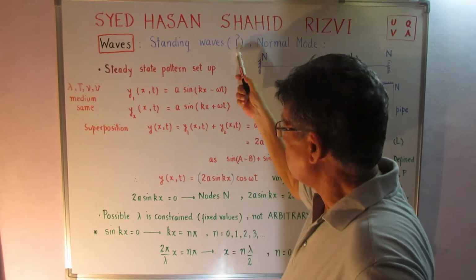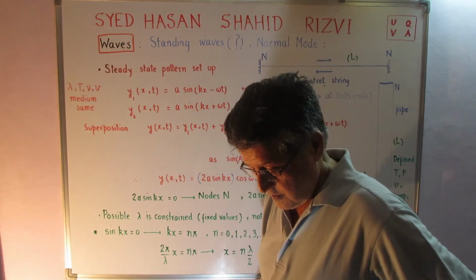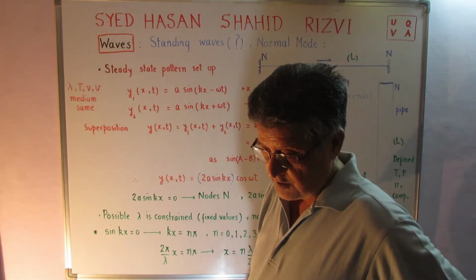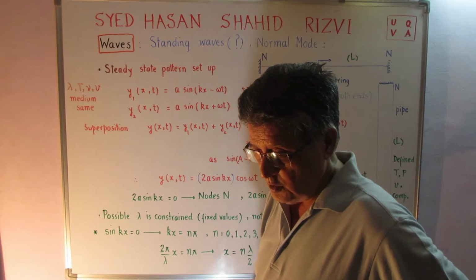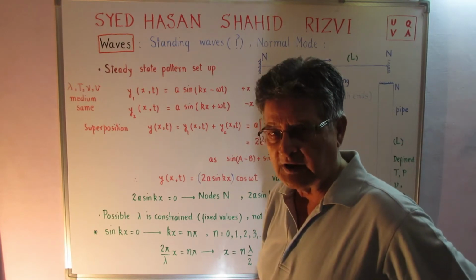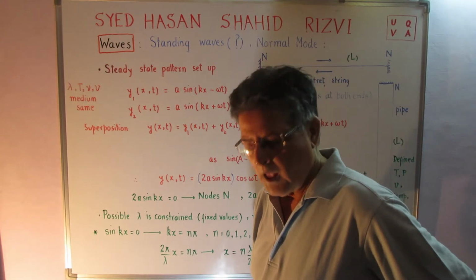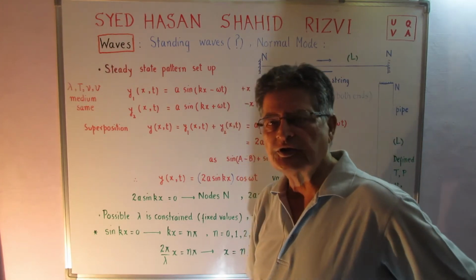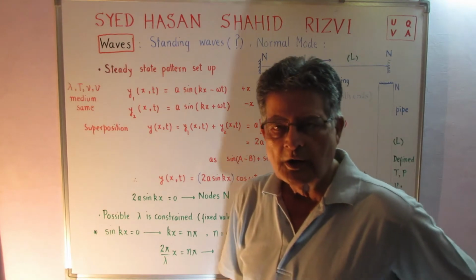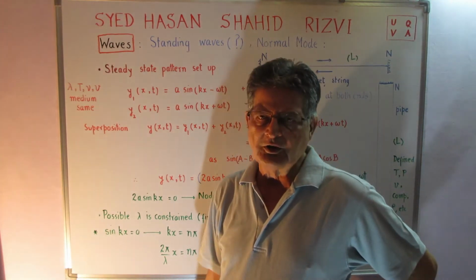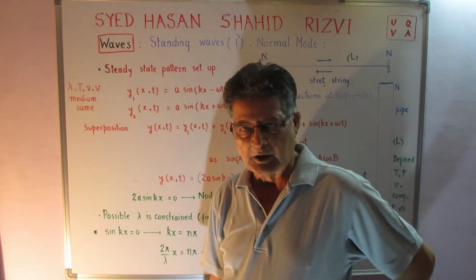And there is a question sign. Why is there a question sign? I am asking you, are they waves? And you will say they are not waves, they are basically vibrations. But in physics, historically we call them standing waves or stationary waves and never call them vibrations.